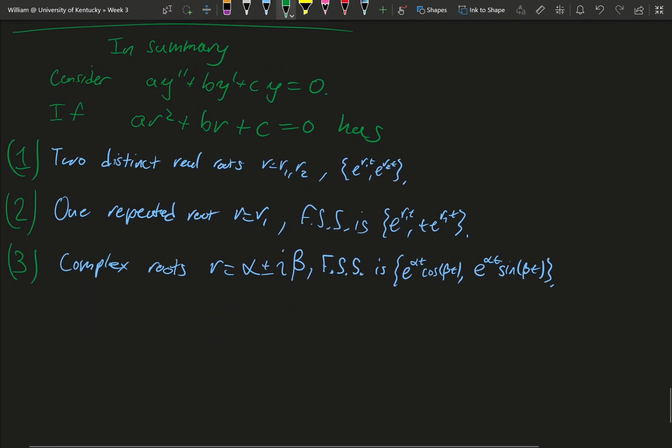All right, I want to do one more example of this just to, again, emphasize the level of work you're expected to show on exams.